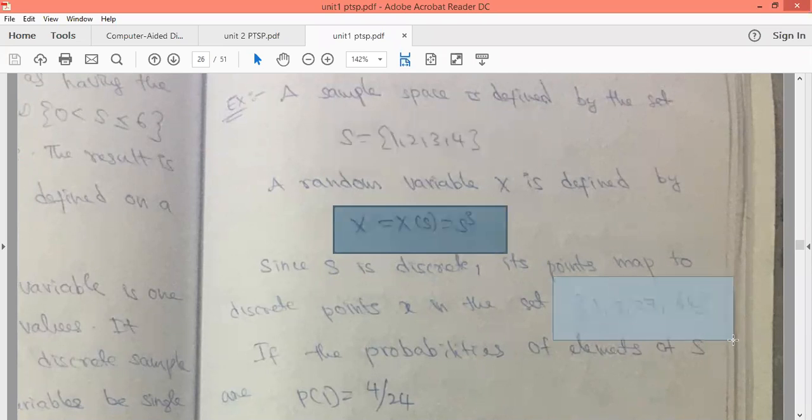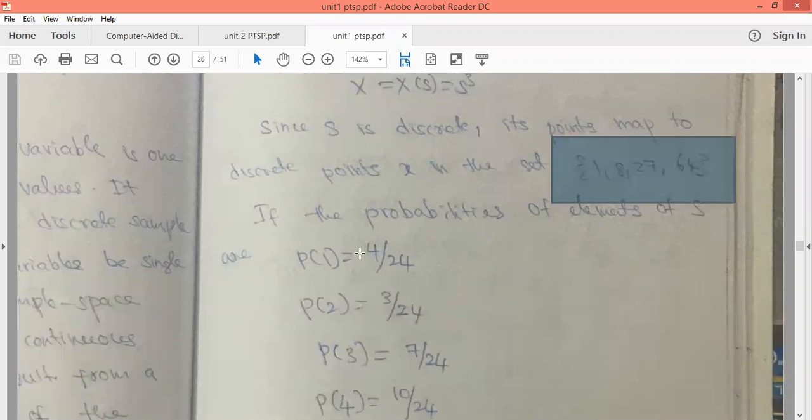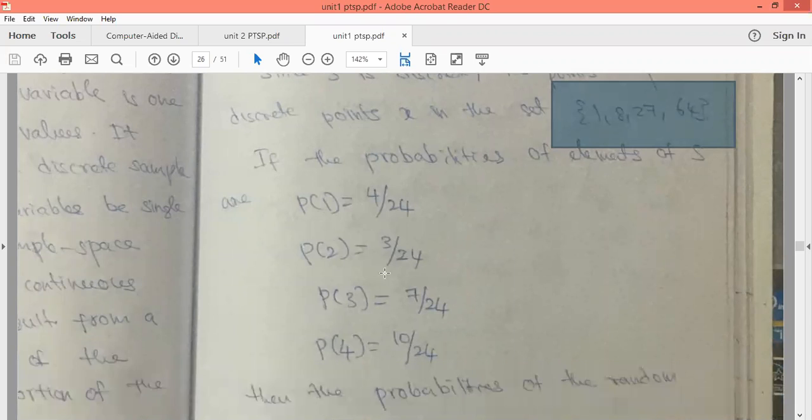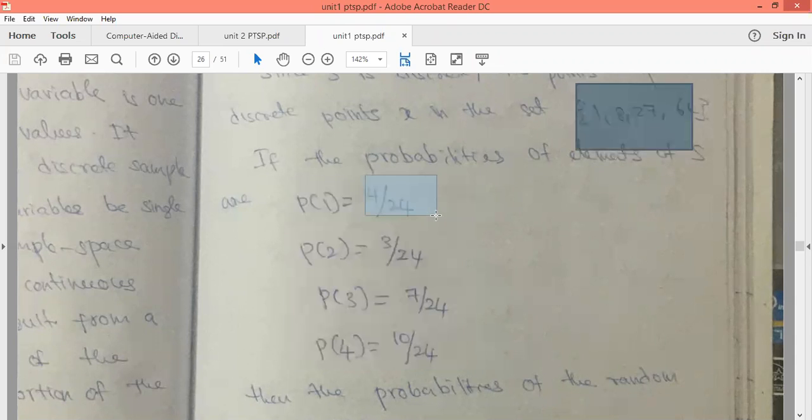These are the probabilities given in the problem: probability of 1 is 4/24, probability of 2 is 3/24, probability of 3 is 7/24, and probability of 4 is 10/24. Now the probability that X equals 1 will be 4/24 only, and the probability that X equals 8 will be 3/24, like that.